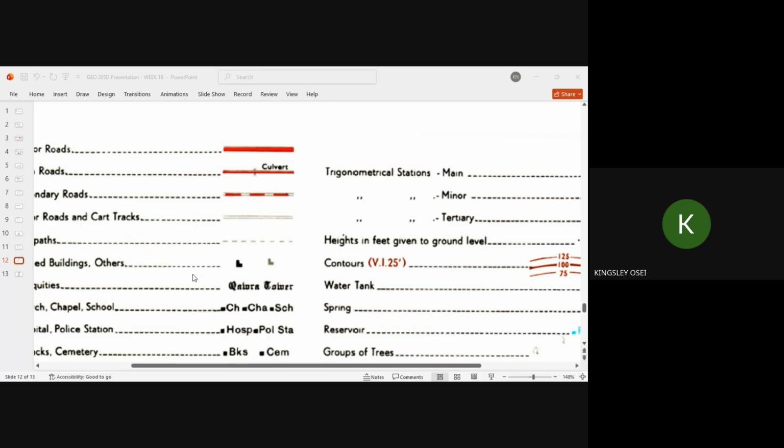But when you go all the way around, it becomes a polygon. So these are the issues that come up when it comes to map symbols and conventional signs.